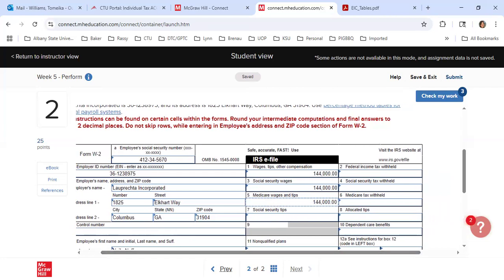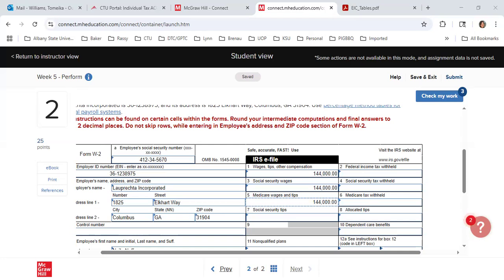Now, the Social Security tax rate and the Medicare tax rate have always been more or less the same. It just hasn't deviated over the years, but Social Security tax is always going to be 6.2% on the wages that you earn, and Medicare is always 1.45%.